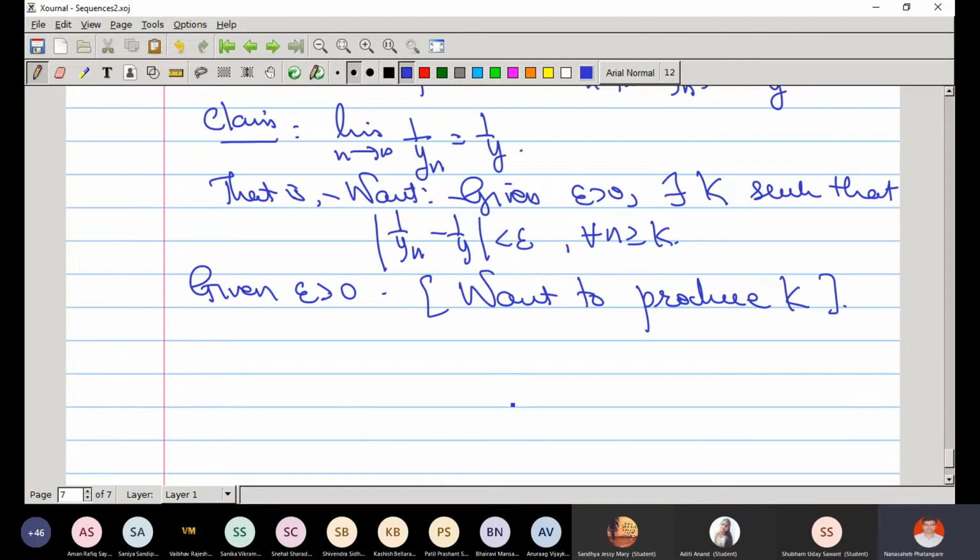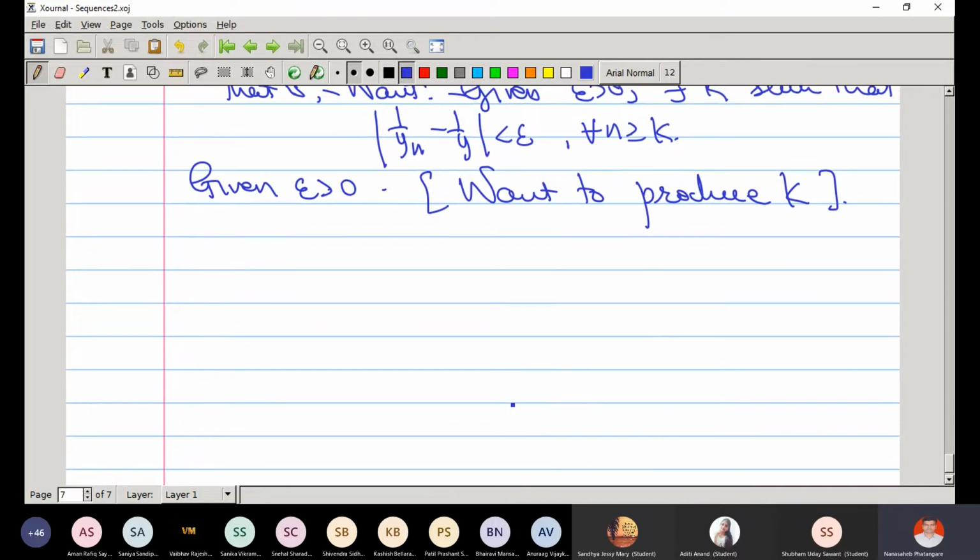So the process starts after epsilon. Remember this. Given epsilon, now our job is to produce k. But what type of k do we want? After k, the difference is less than epsilon. Which difference?